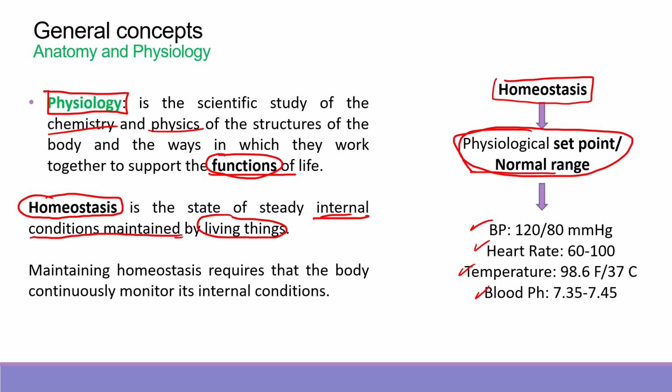So that is homeostasis. There are two mechanisms the body uses to handle homeostasis, but the most important one is the negative feedback loop, which is the main way your body maintains homeostasis. We're going to talk about that at the end, but for now, that is the main concept you need to know about physiology.